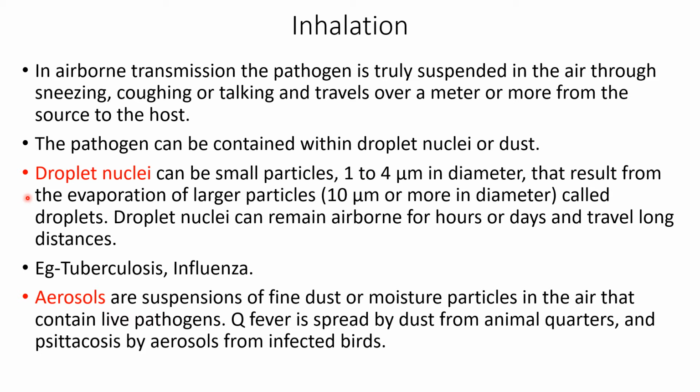These droplets will usually be larger in size, that is, 10 micrometer or more in diameter. Quickly, these droplets will dry up in the air, become smaller in size, and become 1 to 4 micrometer in diameter. When they become smaller in size, we call them droplet nuclei.